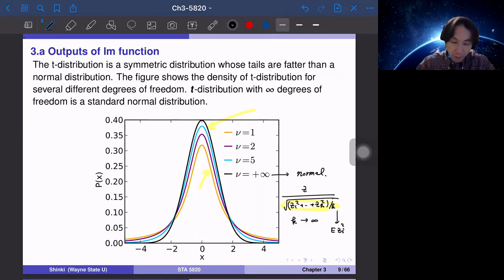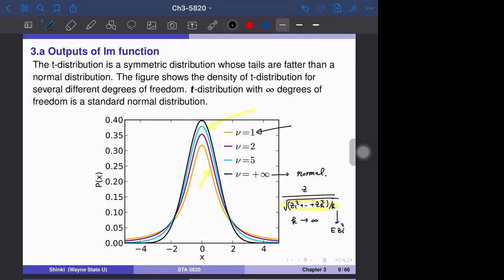Do you know the variance of the t distribution with df 1? It looks like it at least has a heavier tail than the normal. Anyone know the variance of t1? No? Just guess.